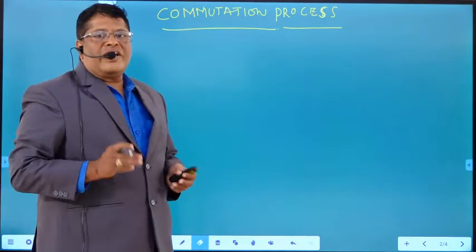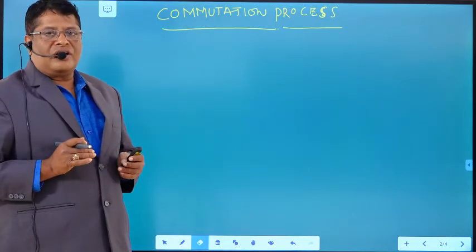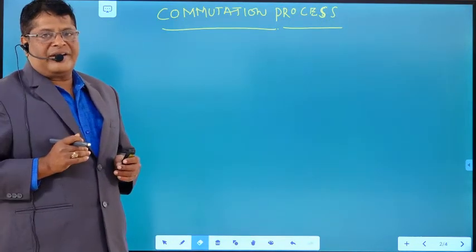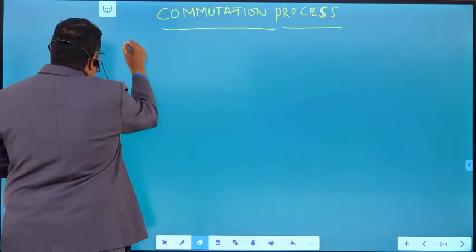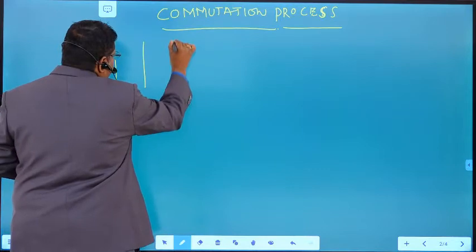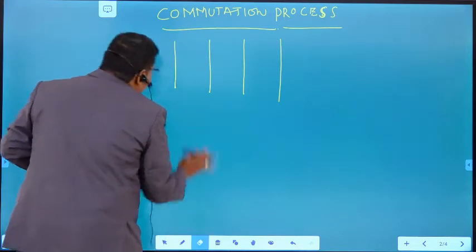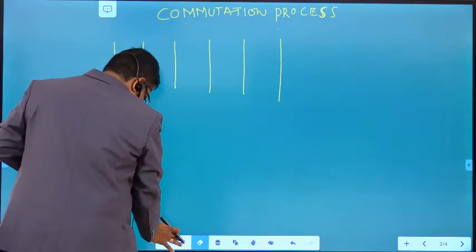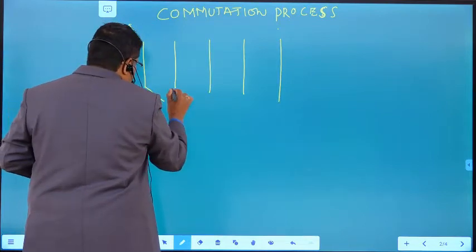In this case, we have taken 3 coils. All these coils are placed in an armature. The ends of the coils are connected to the commutator segments, and the brushes are placed on the commutator segments.